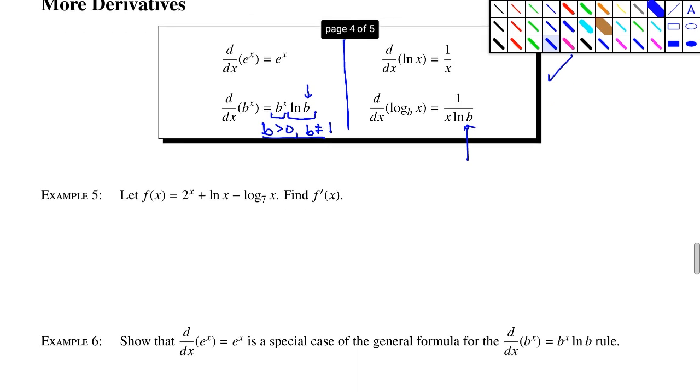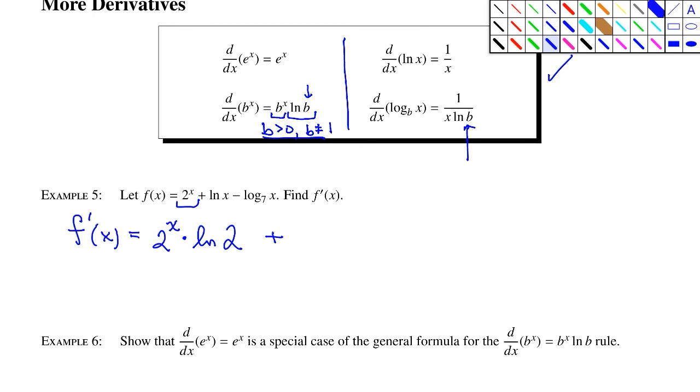All right, let's use those to solve some problems. Example number 5. Let f of x equal 2 to the x power plus the natural log of x minus log base 7 of x. Find the derivative. So we're just going to use the other 3 rules that we have here. So f prime of x is equal to, the derivative of 2 to the x is 2 to the x times the natural log of the base, which is 2.